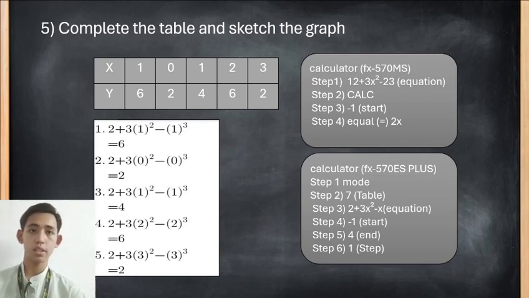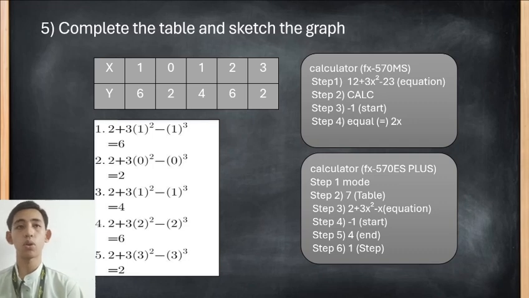Option number 2, we use two types of calculator. Here I will teach how to use the two types of calculator. Calculator number 1, we use the calculator FX-570MS. Step number 1, list the equation like 2 plus 3x power of 2 minus x power of 3. Step number 2, press the calculate button.